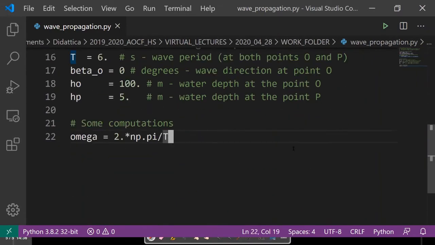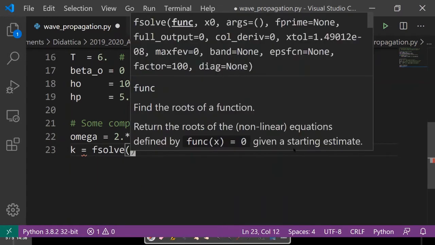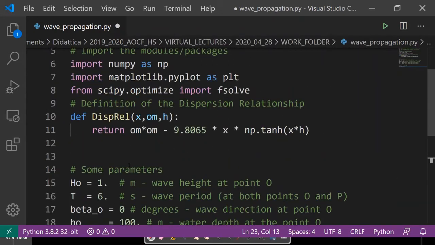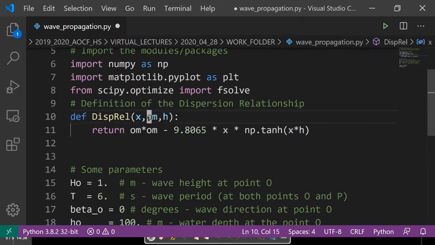Now we can write k is equal to f solve. Here we need, as you can read here, we need to give to the function the name of the function to solve, the value of the guess solution, and arguments other than the unknown. Indeed, this is the unknown and this is parameters.